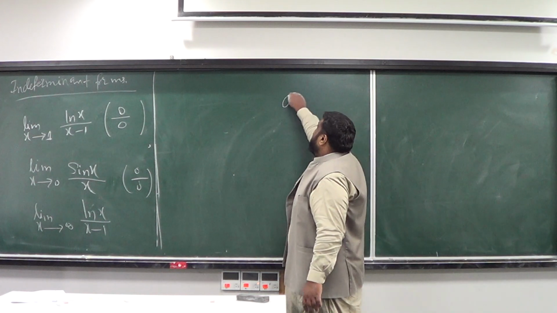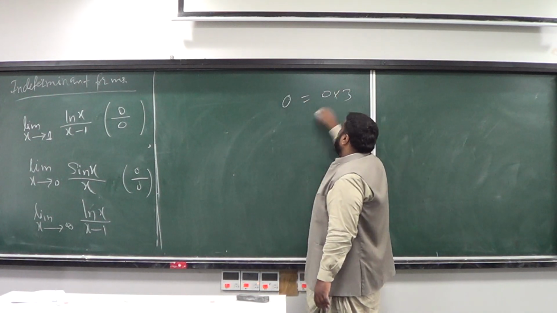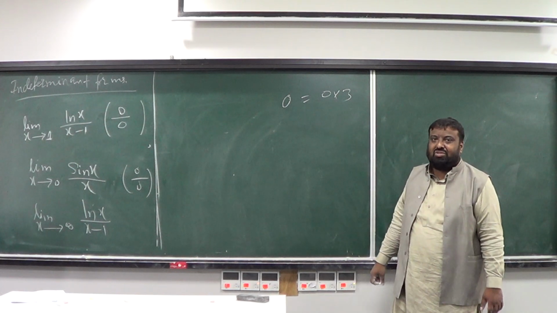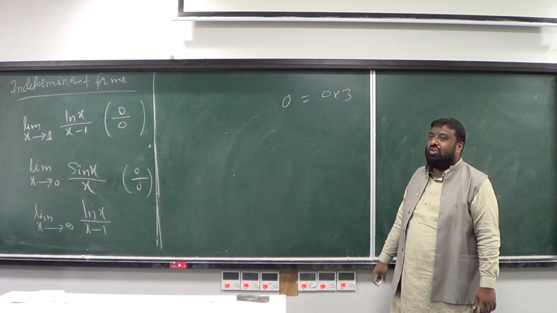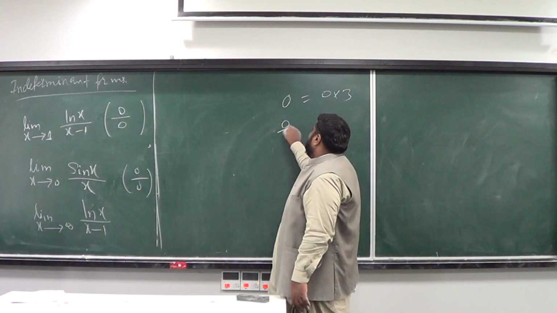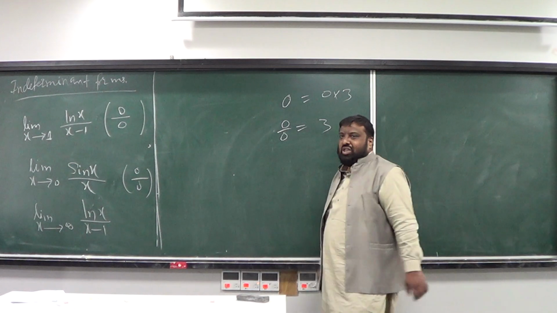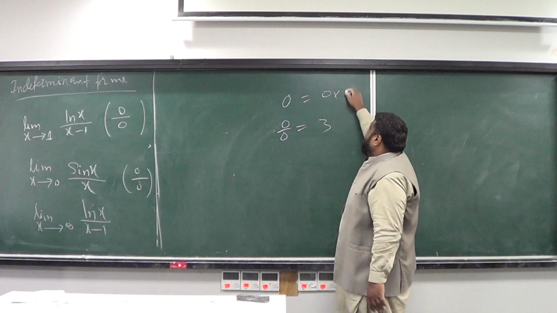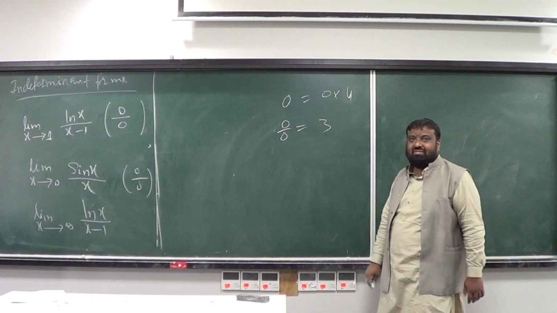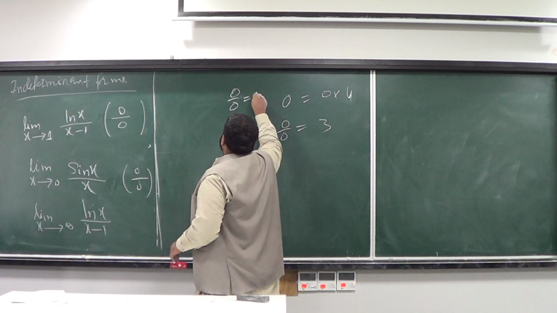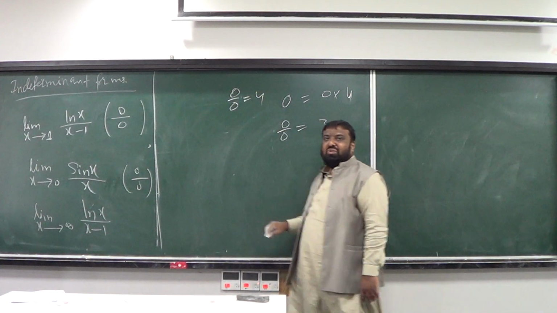If I have 0 equal to 0 by 3, I can be a bit naughty. So 0 is equal to 0 by 3. If I divide by this 0 on both sides, you're going to get 0 by 0 equal to 3. Or I can write a 4 here, then 0 by 0 would be equal to 4.